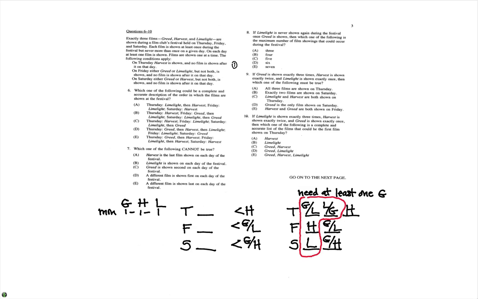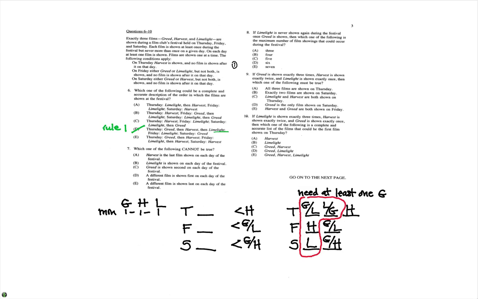So you notice that D violates the first rule by having Limelight come after Harvest. So D is out. And just checking E to make sure, on Thursday we have Greed, then Harvest, so E is okay.